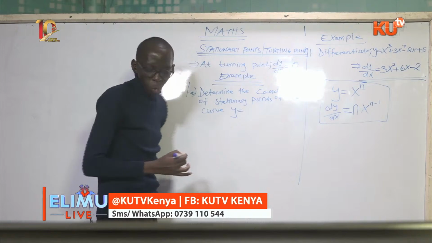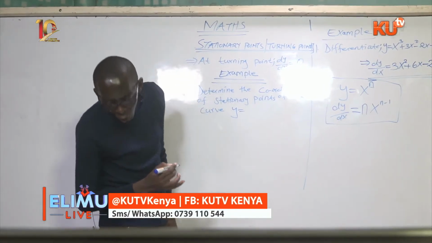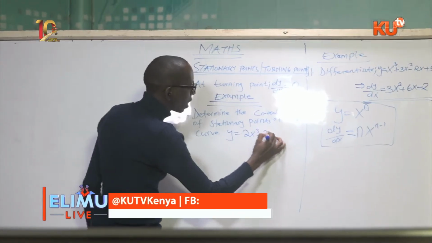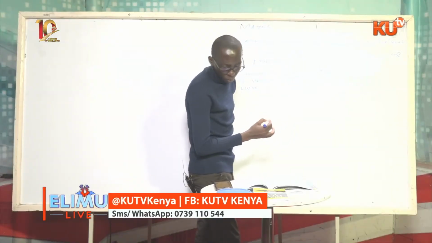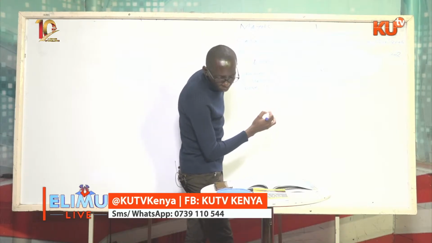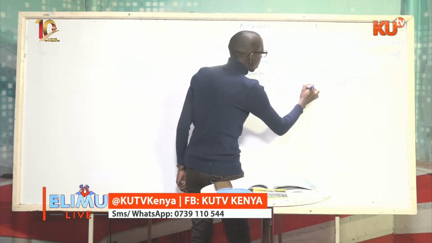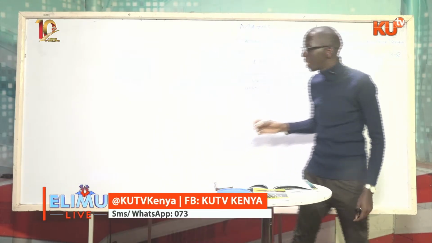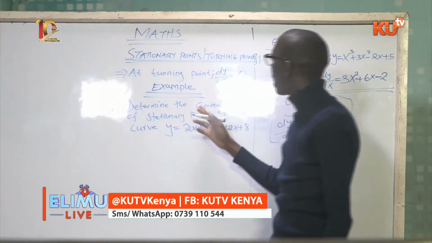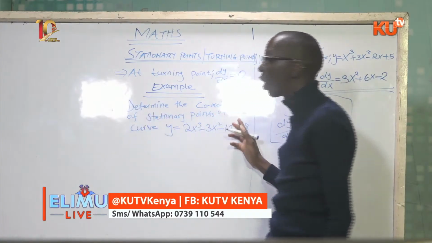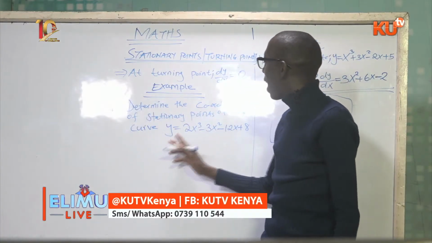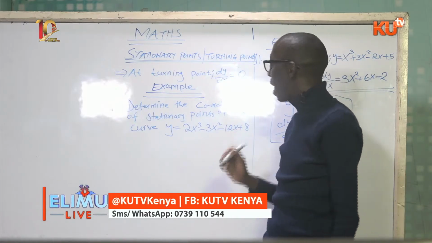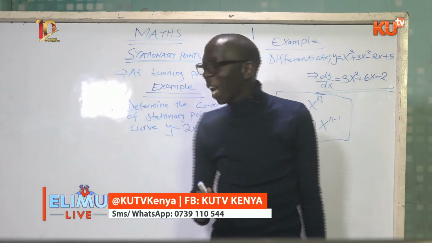Y is equal to 2x cubed minus 3x squared minus 12x plus 8. My dear students, that is the question. Determine the coordinates of the stationary point of the curve y is equal to 2x cubed minus 3x squared minus 12x plus 8.